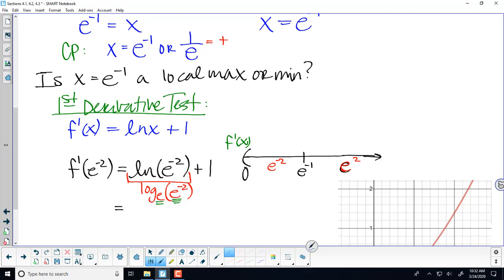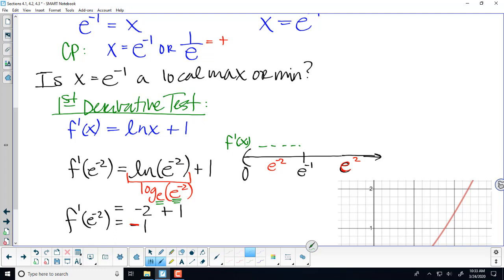Because remember, this means what's the exponent on base e that gives me e to the negative second? Well, it's going to be negative 2, and negative 2 plus 1 is negative 1. So when I plug that test value in, I get a negative value. So my first derivative is negative on that interval.